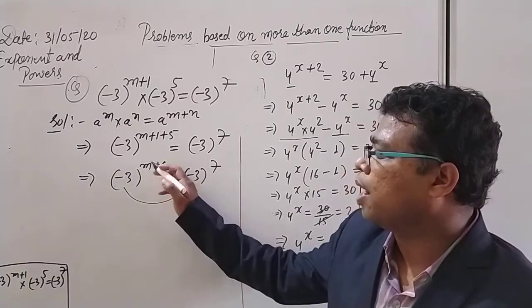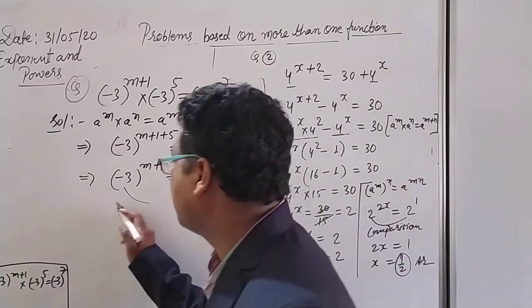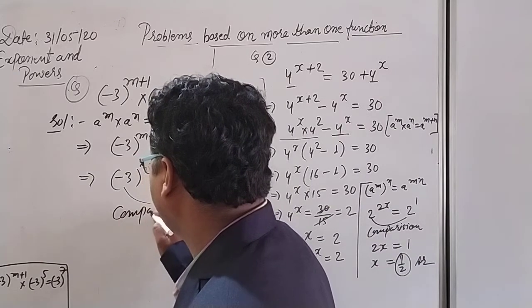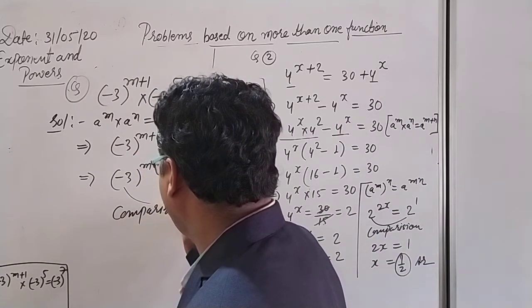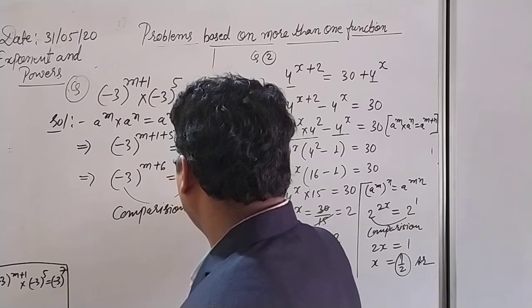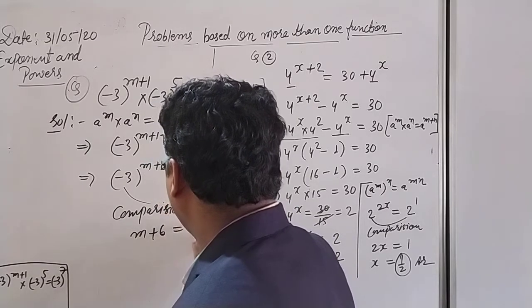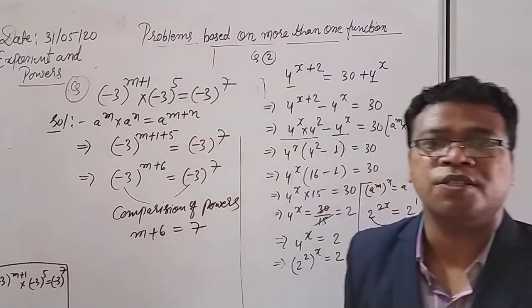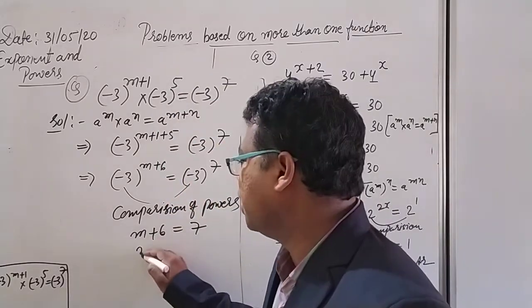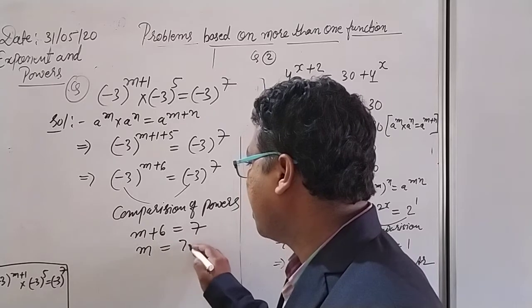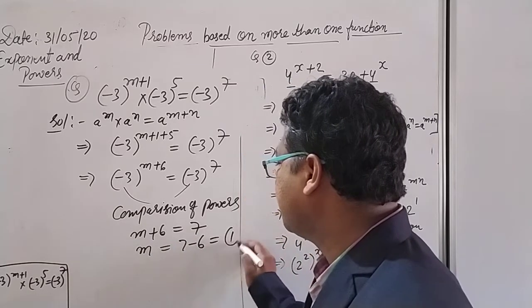So I can compare the power. So I will write down comparison of powers. And after that I will equate the powers. m plus 6 should be equal to 7. And from there it is a very easy task to get the value of m. The m value I will get is 7 minus 6, and that is equal to 1.